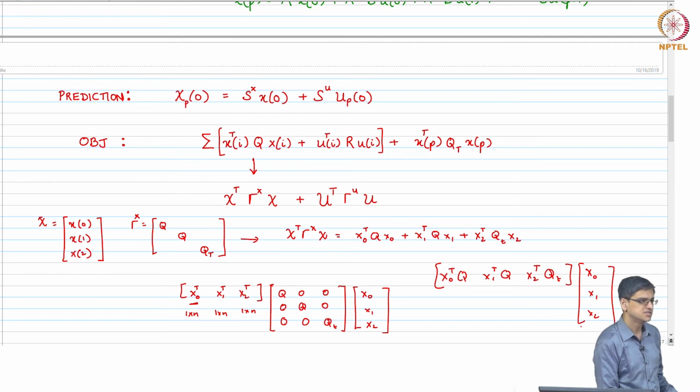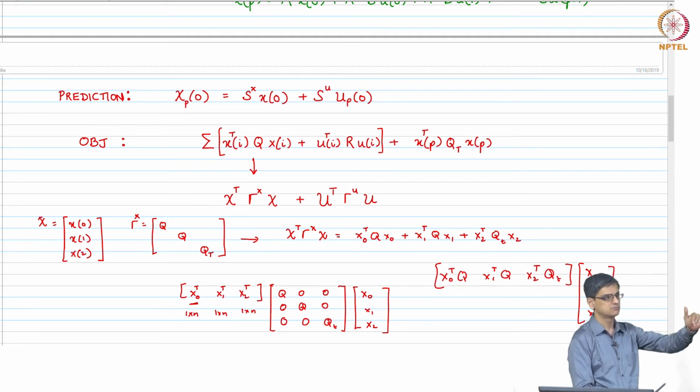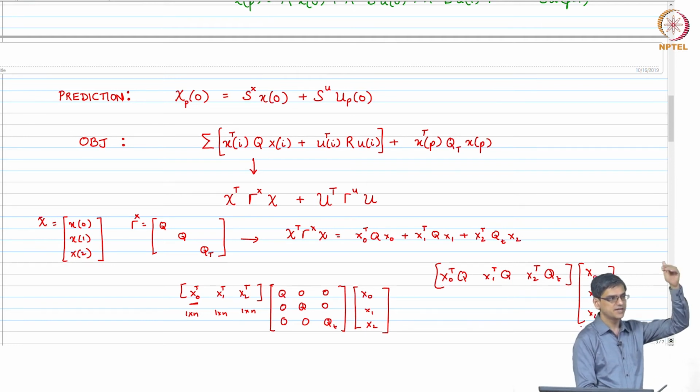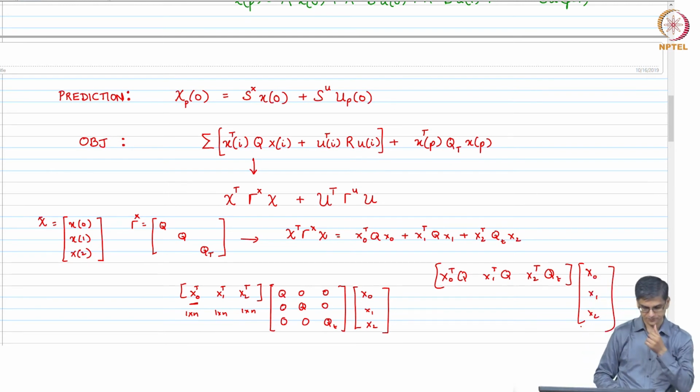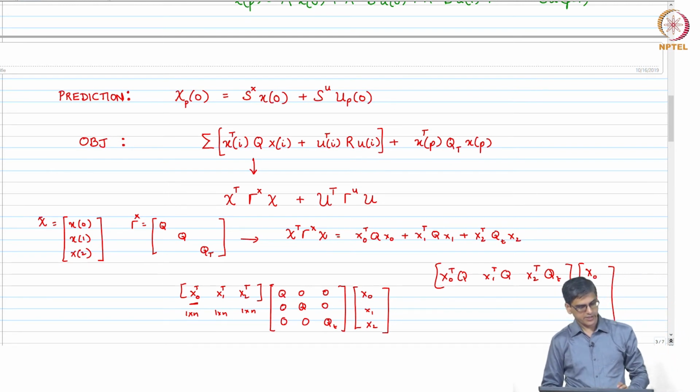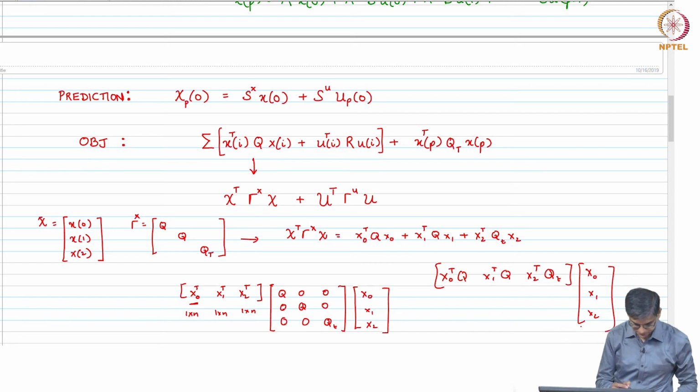Easy way to handle it, you augment your state. So your state Z will be [X, D, R], where X is the state, D is disturbance, R is set point. We'll come to that. Okay, clear? So this is how this works.